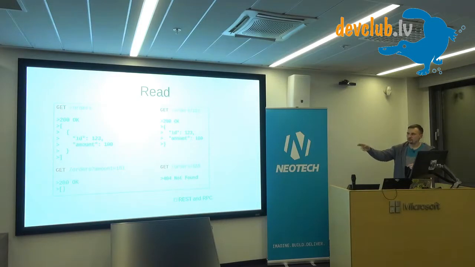If you want to filter, and basically what I wanted to show there is that if you want to get a collection that has nothing, you still get 200 OK, an empty collection. If you want to get one item, you go to collection/ID, and you will get 200 OK and the item, without the collection, obviously. And when you get something that doesn't exist, you get 404 Not Found because the path leads nowhere. So that's pretty clear. I think that even people who misuse REST would still do this properly.